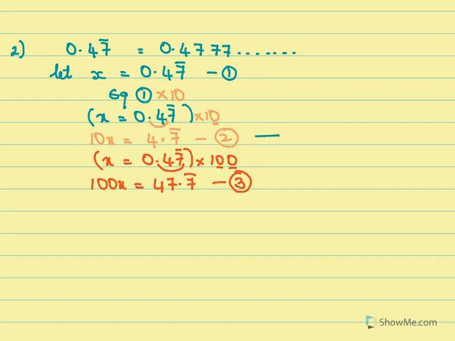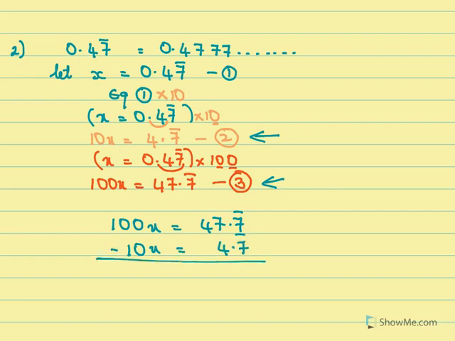Now I take both these equations, 2 and 3, and I subtract. So 100x equal to 47.7 bar and 10x equal to 4.7 bar. On subtraction, 90x equal to 43.0 and x equal to 43 over 90.